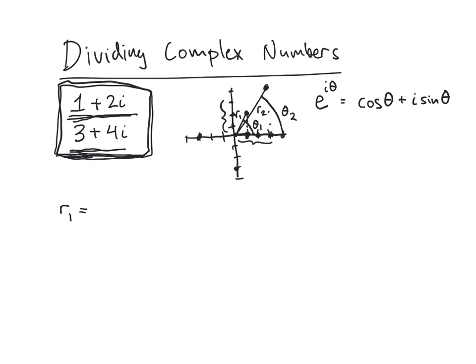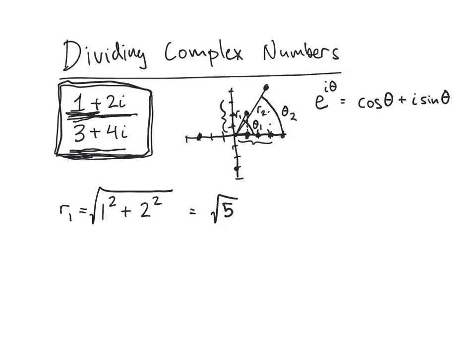So in the case of our numerator, that's going to be the square root of 1 squared plus 2 squared, because we go over by 1 and then up 2. So this equals the square root of 5.